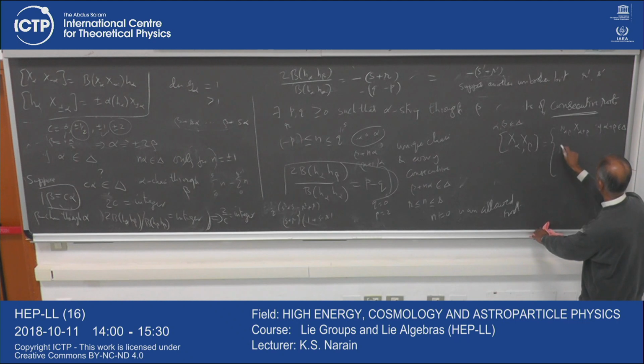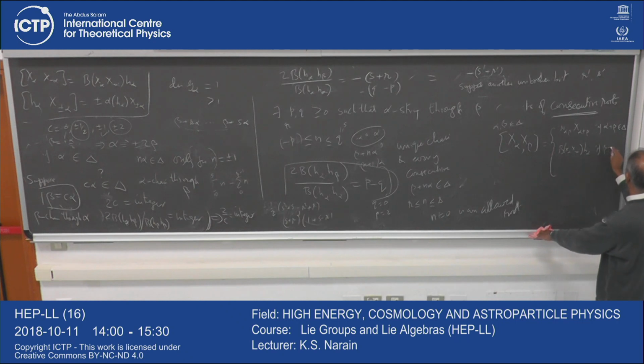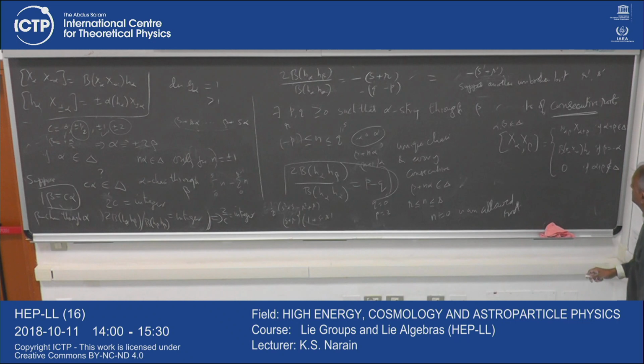It was equal to this b x alpha, x minus alpha, h alpha if beta equals minus alpha, and it was equal to 0 if alpha plus beta did not belong to the roots. But we had not proven that this is necessarily nonzero; we didn't know anything about this number. At the moment, this is just some number. It may be 0, it may not be 0, whatever. But now what we are going to prove is that this cannot be 0.